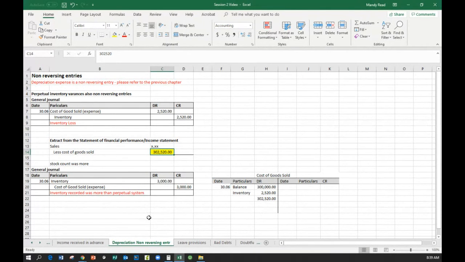However, here we've got a situation where our inventory on hand was $300 more than what our computer system said. So in this instance, we've got to go to cost of goods sold, and we've actually got to take out $3,000.